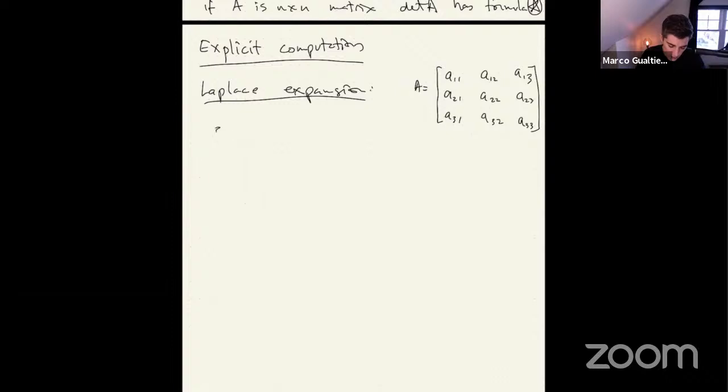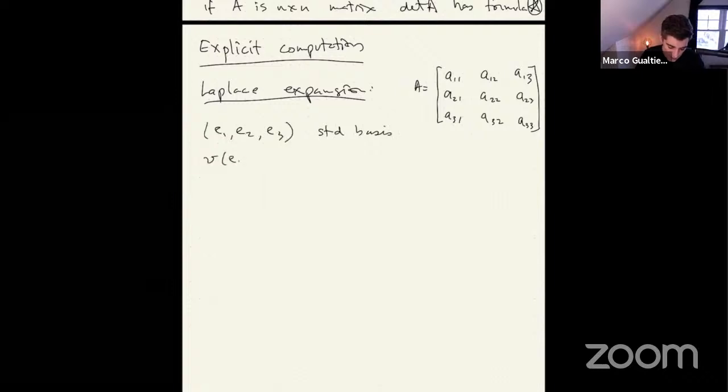Let's say that E1, E2, and E3 is the standard basis. And let's say that we have a volume which evaluates to 1 on the standard basis.